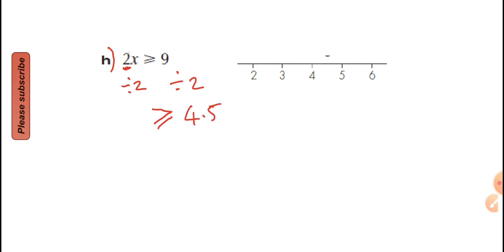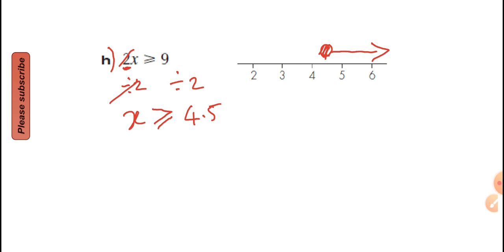And on the left hand side, the times 2 and the divide 2 cancels out, leaving just x. So x has to be greater or equal to 4.5. So where is 4.5? 4.5 is here. It has to be greater, so the arrow will go that way. And because it's equal, we're also going to shade it. So that's how you represent the answer.